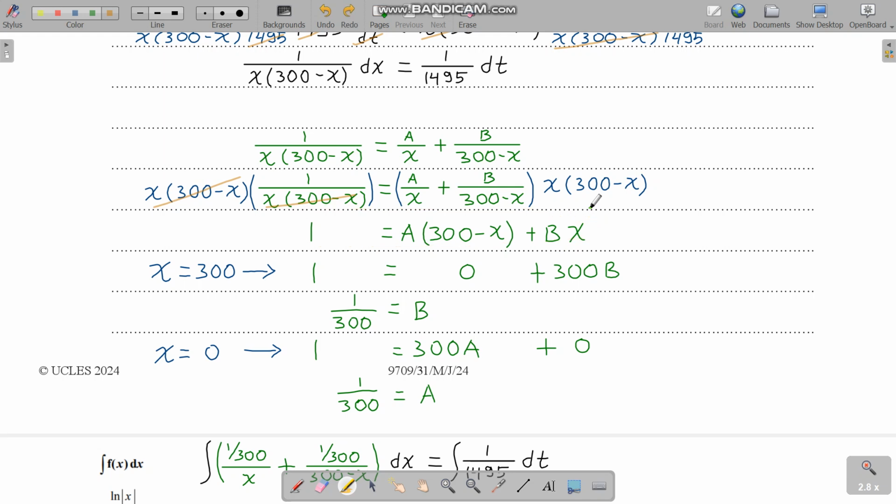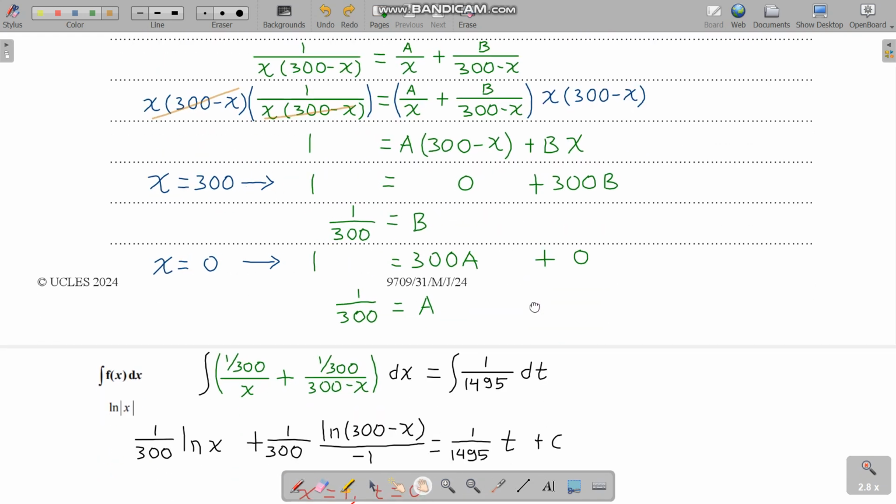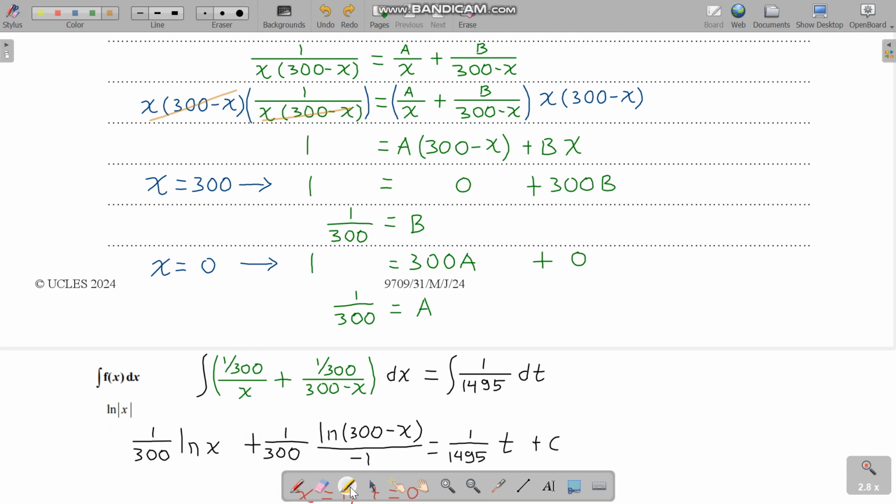To find the values of A and B quickly, we use the zeros of the factors, the value of x that makes the term go to 0. So we plug in 300. On the left there's nothing to plug in.